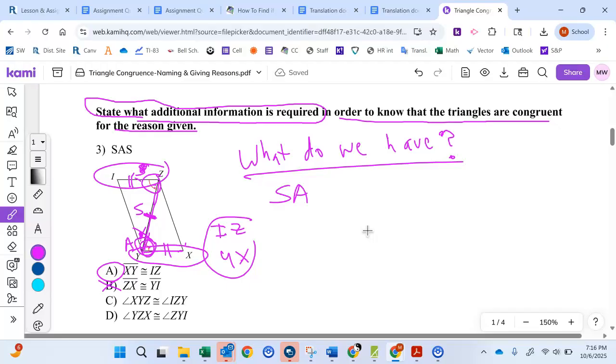We already have that. We already have this one right here, right? They already told us that that's equal, so that doesn't help us. We already have that. YZX, no. That would mean we'd have, no, we'd have these two angles right there. That wouldn't be the same. So that one is going to be A, okay?